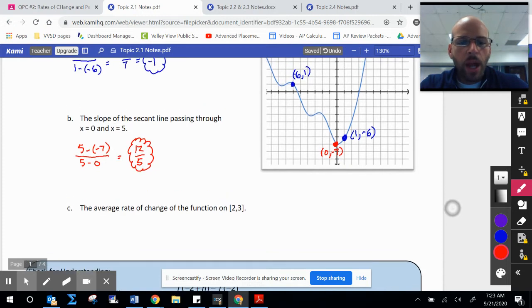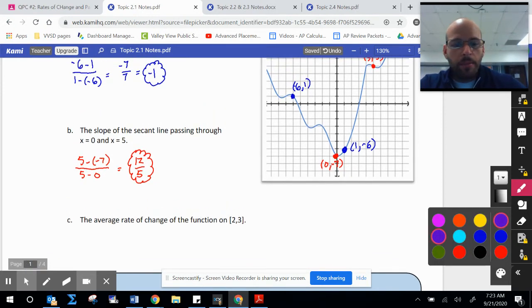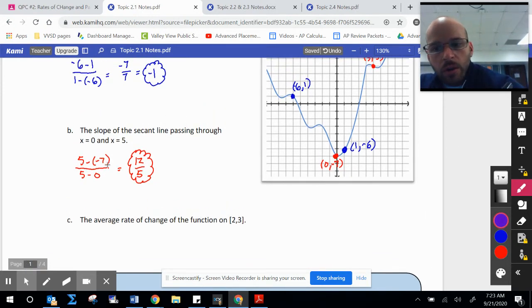Okay. I want the average rate of change between 2 and 3. So if I go to 2, I'm right here. And if I go to 3, I'm right here. So at 2, I'm at 2 comma -4. And here I'm at 3 comma 0.